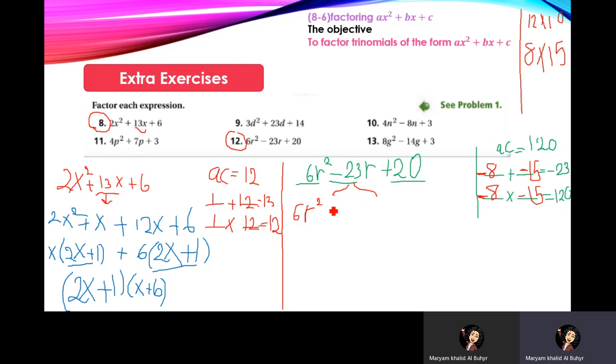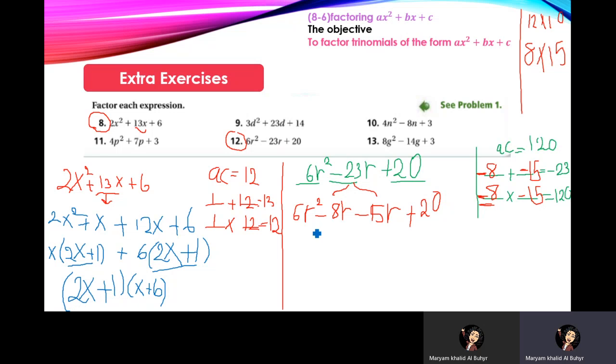You will notice that 8 and 6, yes, there is a common factor between them. So you will put negative 8r here beside this one, minus 15r plus 20. Well, that's great.